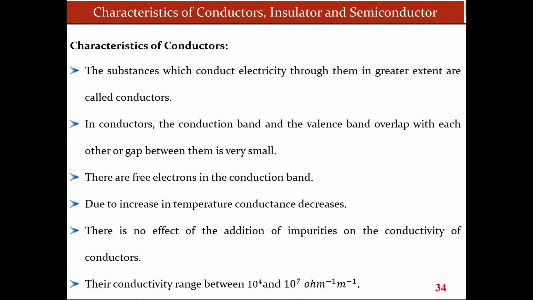Okay, the other important thing that we need to see is the characteristics of conductors. The substances which conduct electricity through them to a greater extent are called conductors. In conductors, the conduction band and the valency band overlap, as we have seen in the previous slide, or the gap between them is very small.